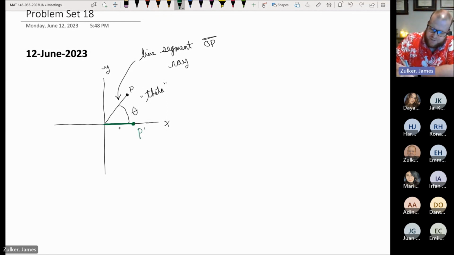Call that point P prime. We're going to say that this ray has a length R, okay? We keep the starting point right here the same at O, and we're also keeping R as a fixed length. Well, what would happen then if we start to rotate P?